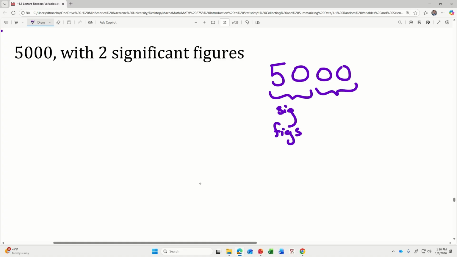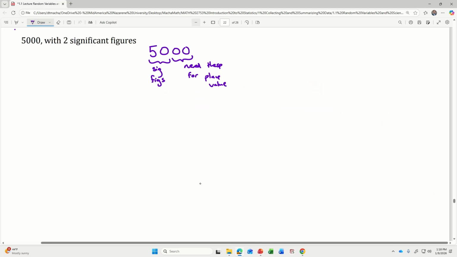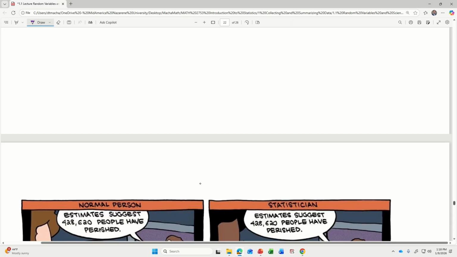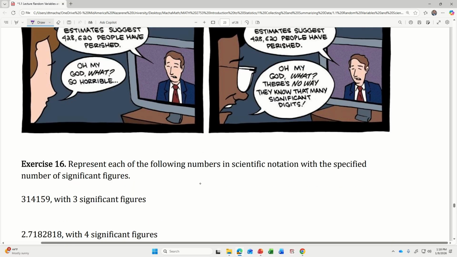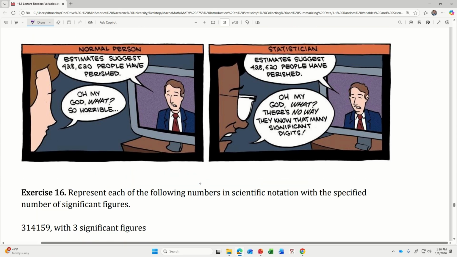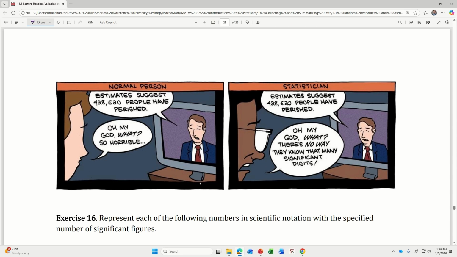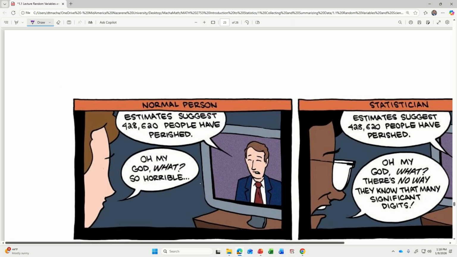But we need these for place value. So yeah, it is still 5000. I'll give you a moment to read this because it kind of drives the point home.